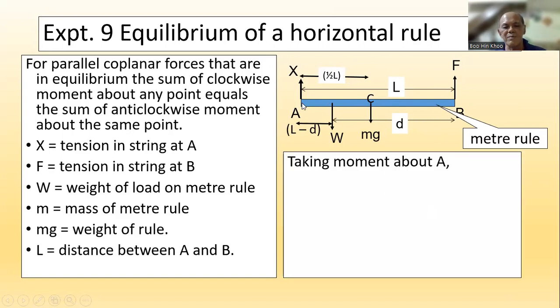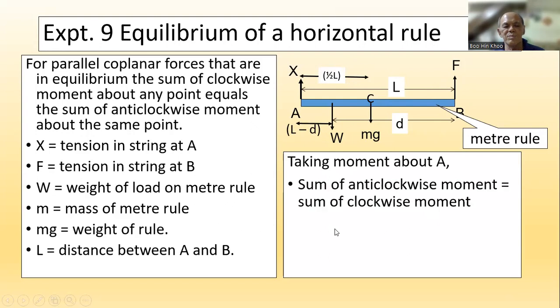Taking moments about A, we are not interested in X, we are interested in how F changes with W. So sum of anti-clockwise moment equals sum of clockwise moment. F times L, that's your anti-clockwise moment.